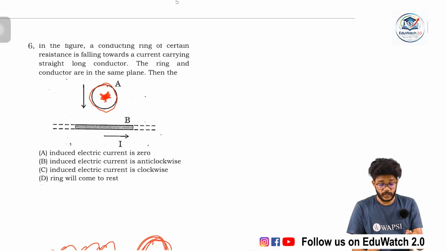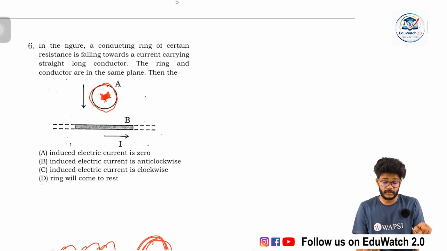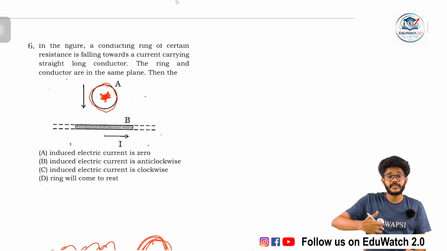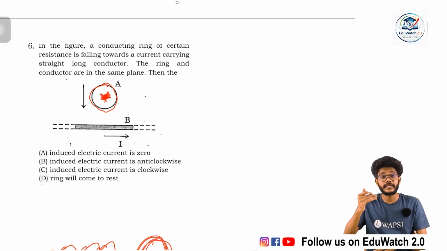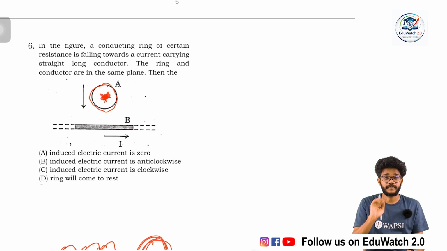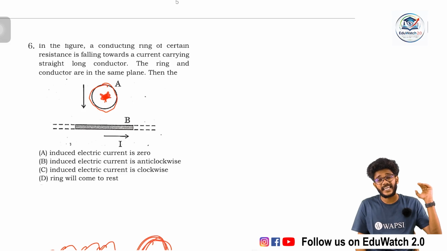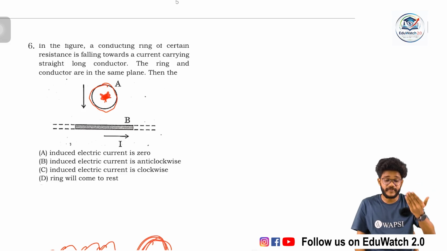Okay, so the current-carrying metal conductor will try to oppose that magnetic field by generating a current inside the conductor. In all cases, the induced magnetic field tries to oppose the magnetic field which is produced by the current.